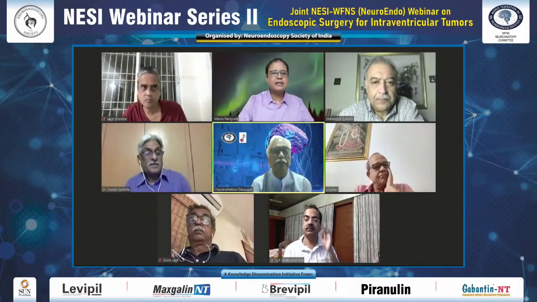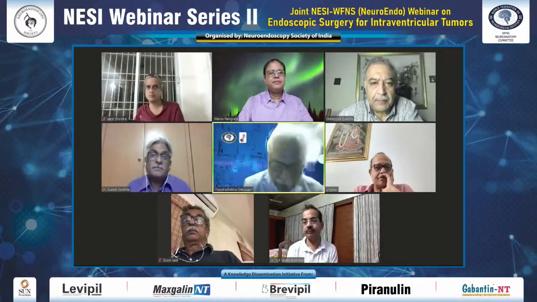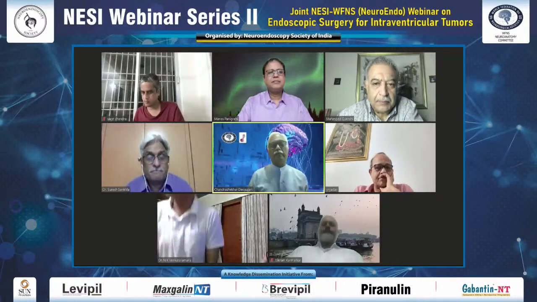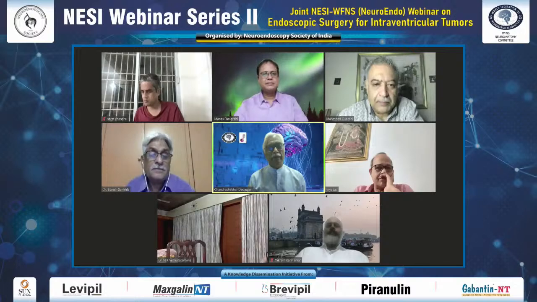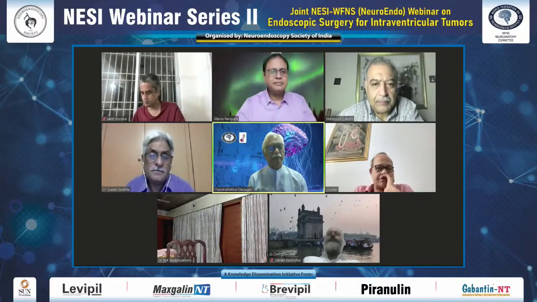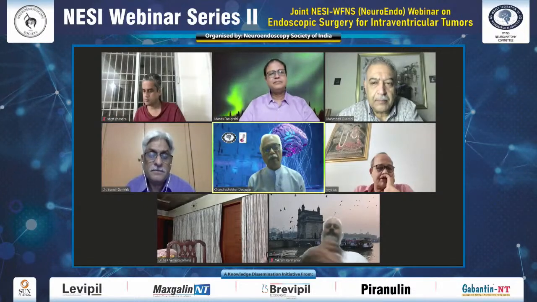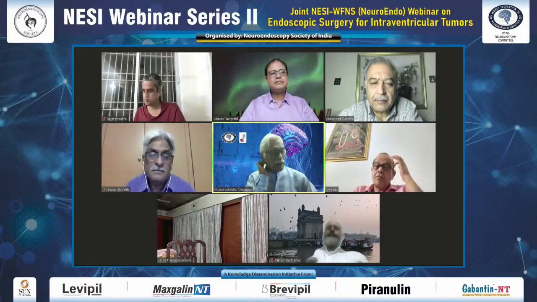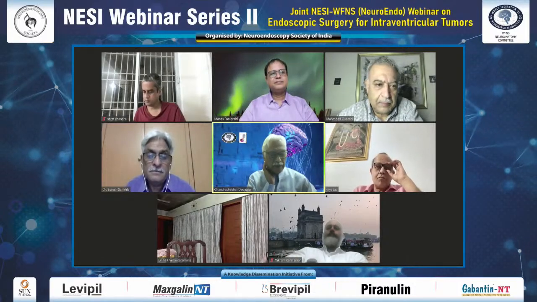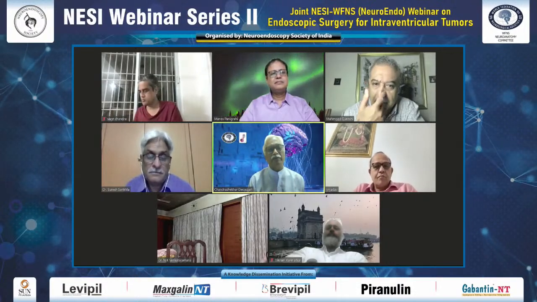Yes, please. Manas, you have very nicely summarized the proper use of the two techniques. My only comment is that we also tried to look at this in our now about 100 cases done with endoscopic assisted or endoscopic lesions. There are two important differences which I find in what you have said, and I want your comment.